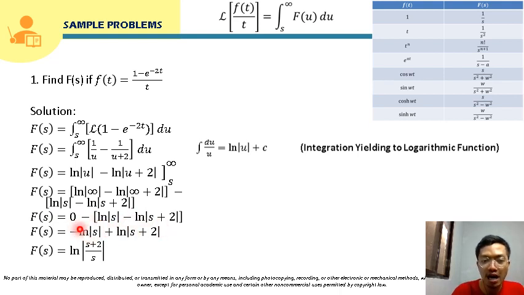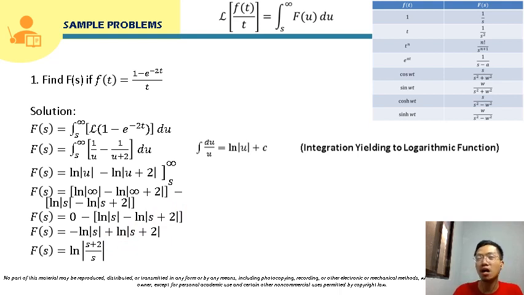Let's say ln s plus 2 minus ln s, we can use the quotient rule. If we combine these two, this can become ln of s plus 2 over s.